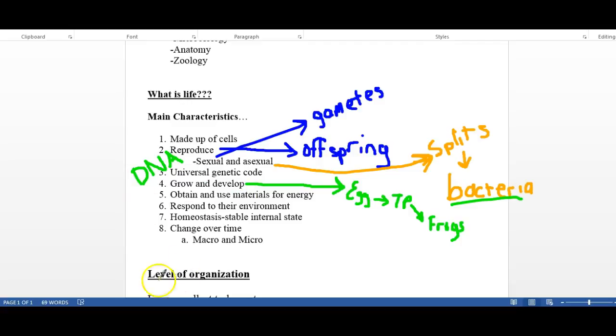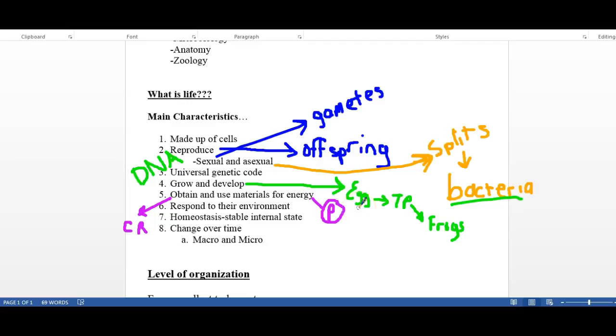Okay. And then we have this next part, and this is obtain and use energy, materials for energy. And this is really two things: photosynthesis, P, and then the other one is cellular respiration, CR. So all of the energy we have in our environment comes from photosynthesis. Now we can't photosynthesize, so we have to eat organisms that can.